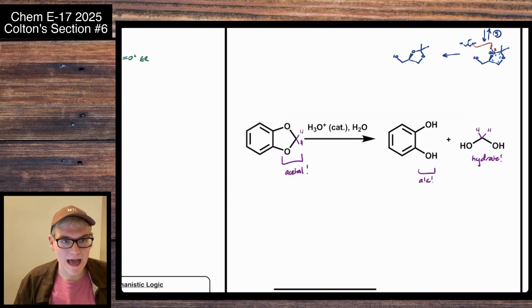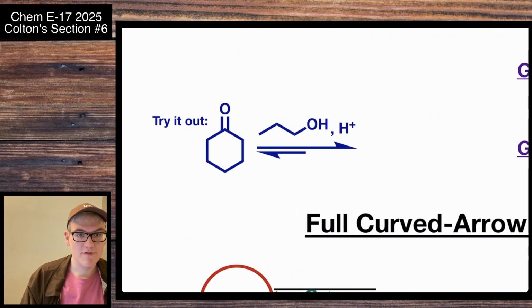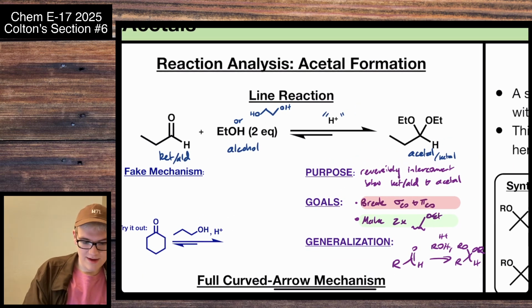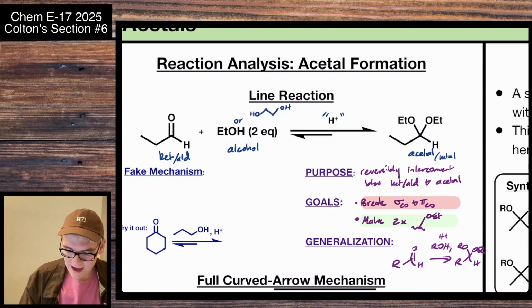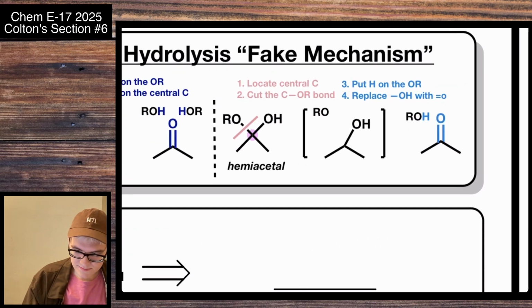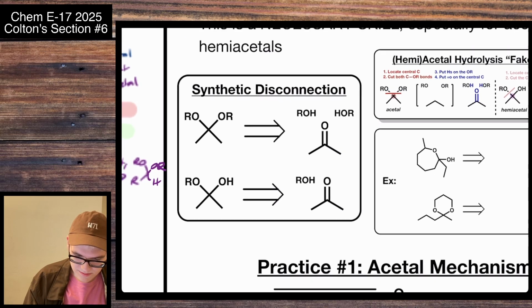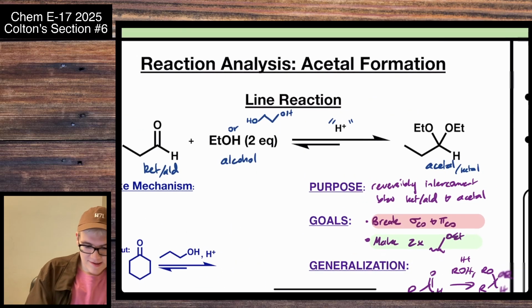is really, really helpful. So you might remember we talked about doing a fake mechanism. For the forward reaction of an acetal formation, the fake mechanism that I really like looks kind of like this. I have the reverse direction over here. Essentially, we need to erase a carbonyl.